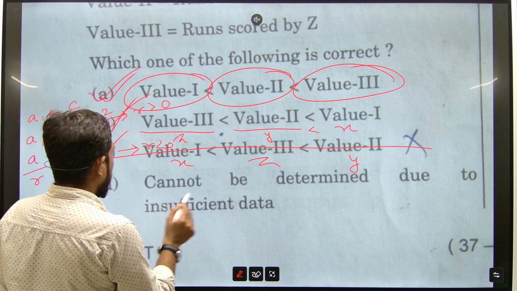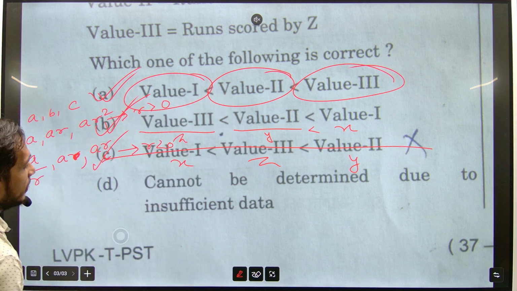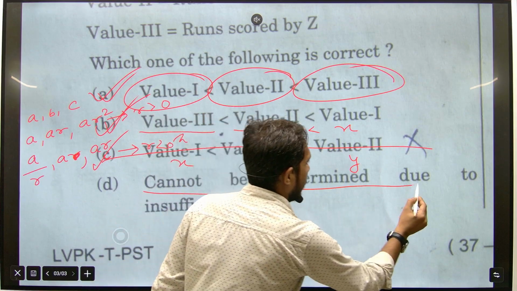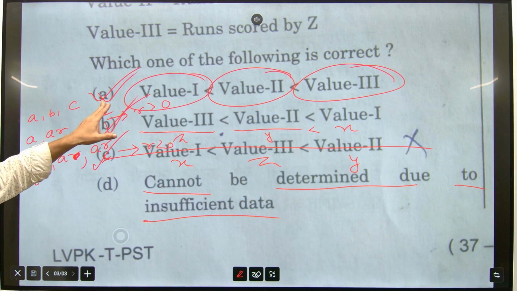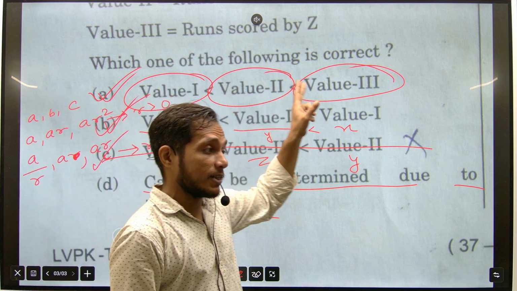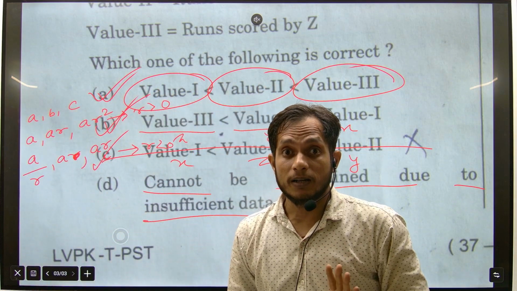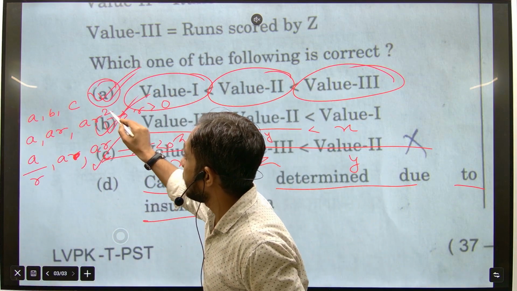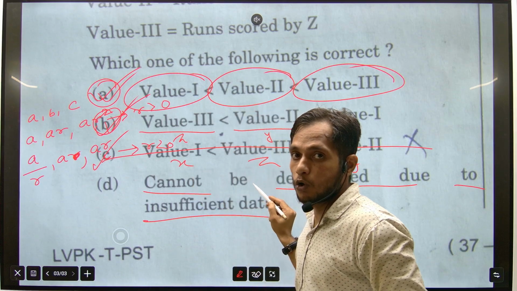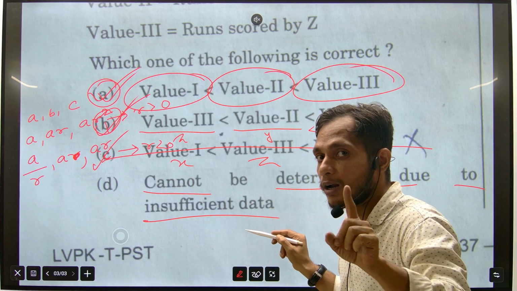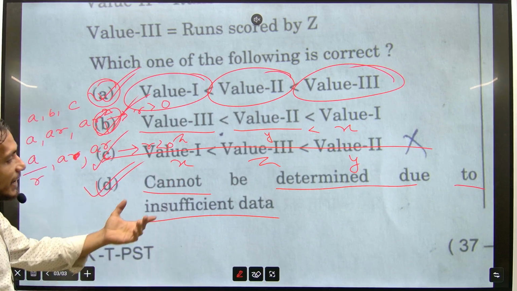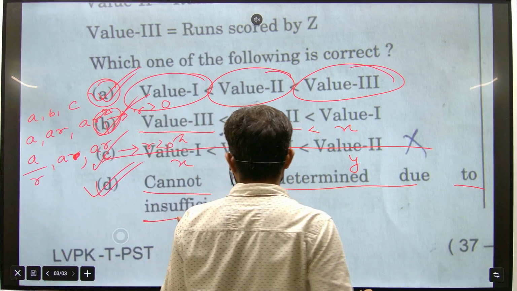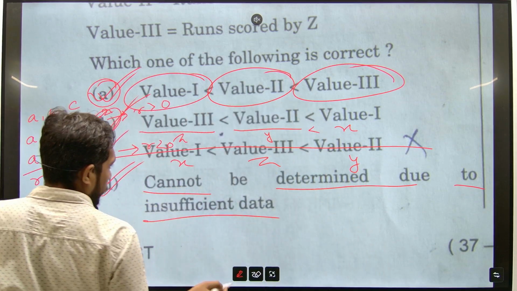Now there is only the 4th option, cannot be determined due to insufficient data. If the first appears, the second can also appear, so we are not confirmed from A and B, and the third is totally wrong. So only one option is left, that is D, which says cannot be determined due to insufficient data. Why is it not determined?